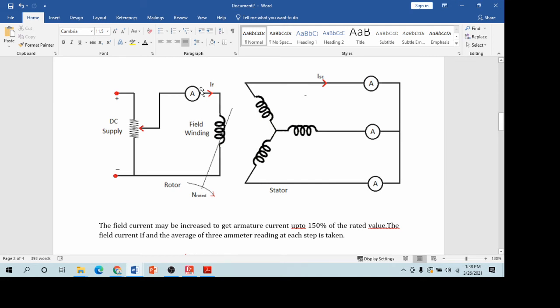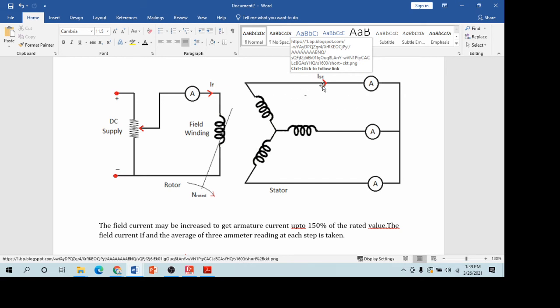At first, set your IF to zero, and then slowly adjust it step by step. With every adjustment, take note of the ammeter reading. The lines are short-circuited with the ammeter in between. In every step of the field current adjustment, take note, because that is your data.